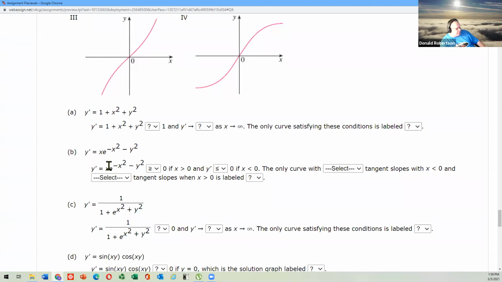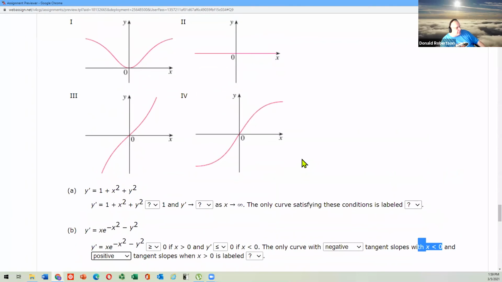If x is negative 2, it's negative. Now, the only curve with negative tangent slopes when x is less than 0, and positive tangent slopes when x is greater than 0, is labeled.